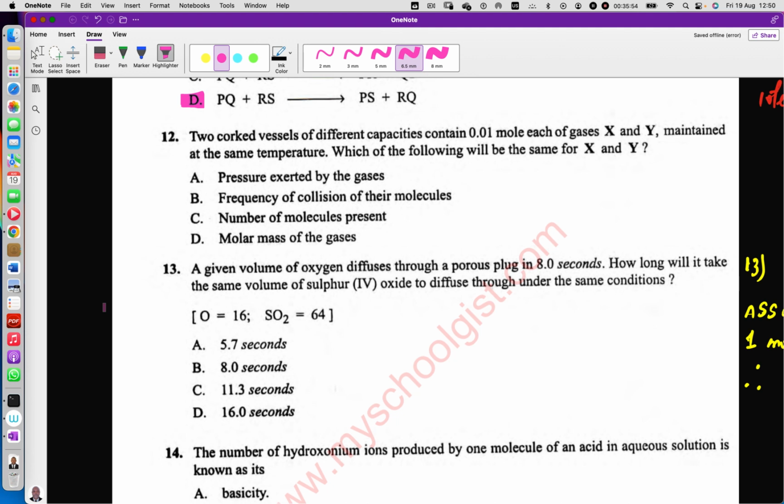Two corked vessels of different capacities contain 0.01 mole each of gas X and Y, maintained at the same temperature. Which of the following will be the same for X and Y?